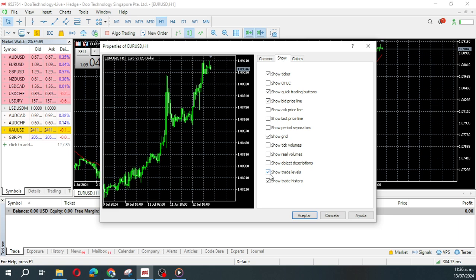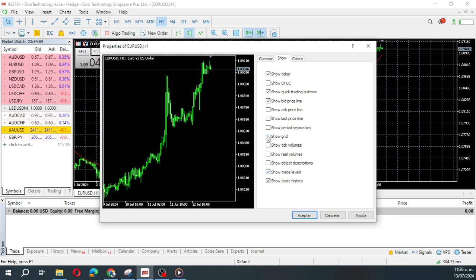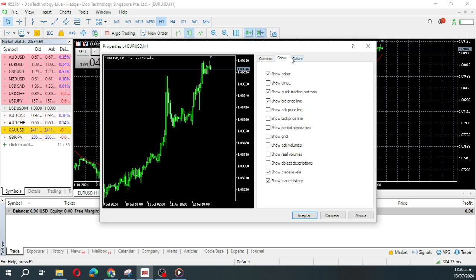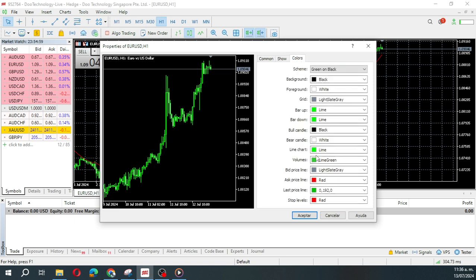We are going to uncheck the grid. And colors: the color of the candles we can modify here. They are set so that the bar up candles are line inside black, and the bar down are also line.